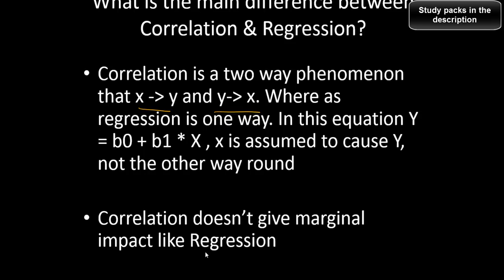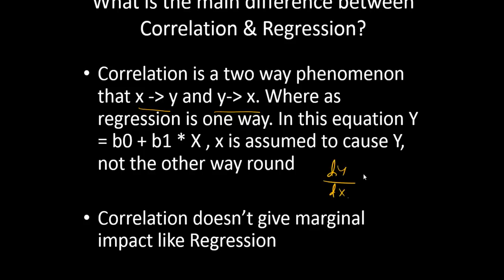But in regression, you can always find out the marginal impact. For example, if this is the regression model y = beta0 + beta1 x, and x increases by 1 unit, the corresponding increase in y is nothing but your delta y by delta x, right? So that's your marginal impact.